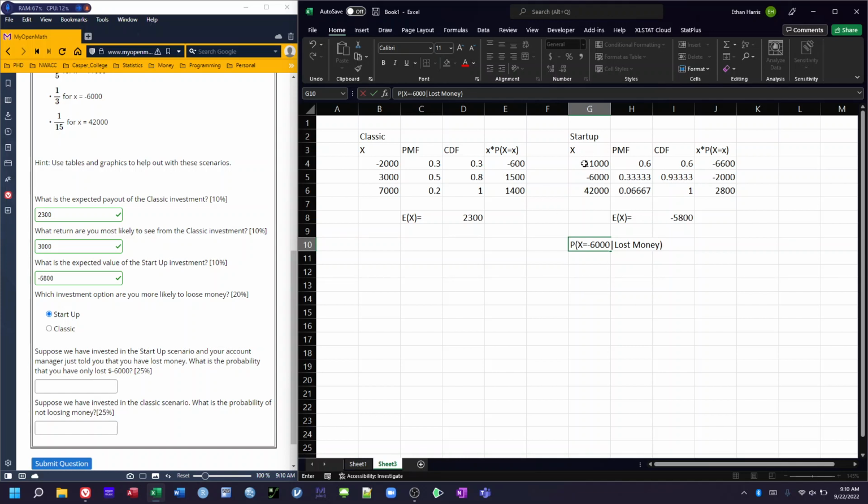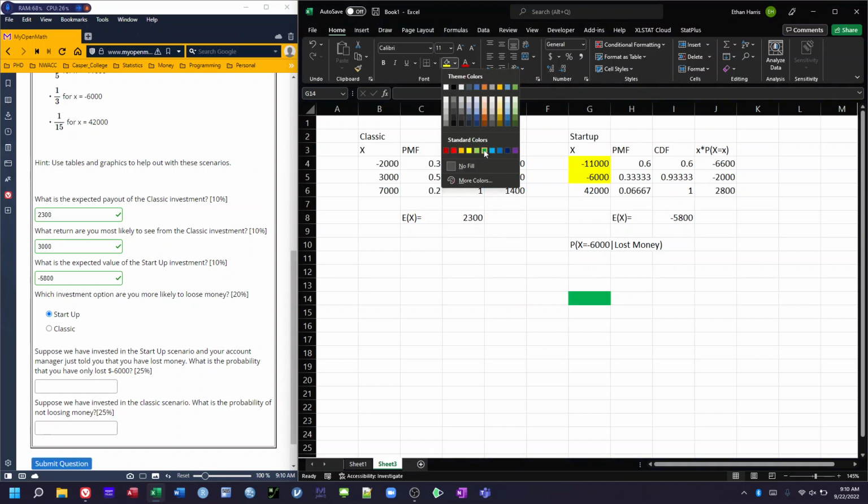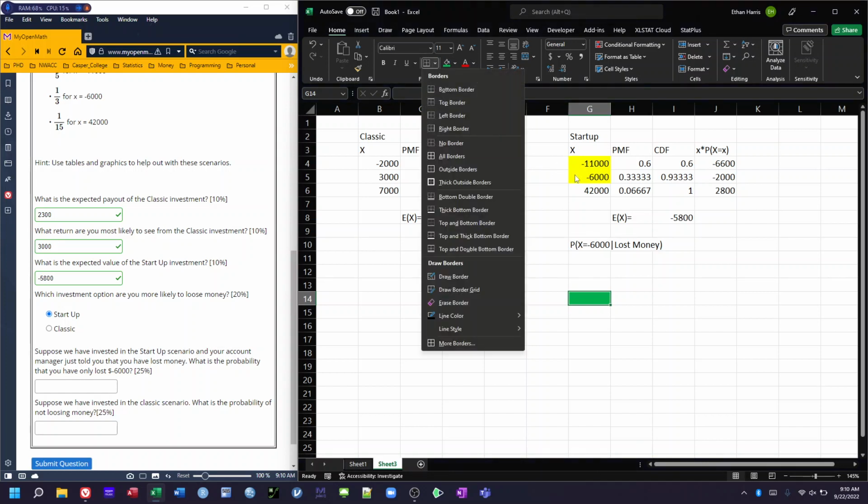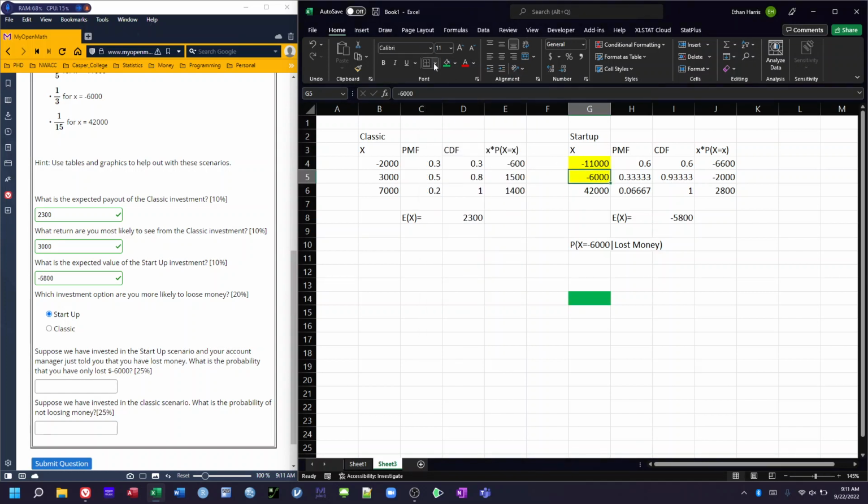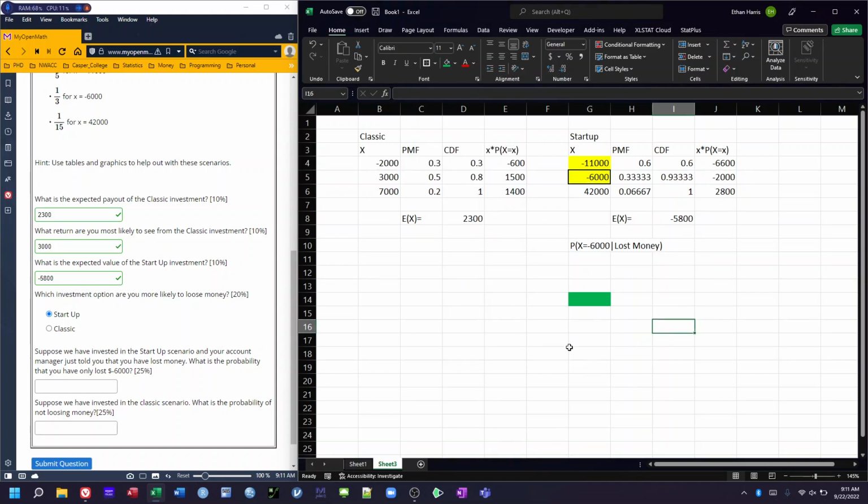If we look at this, these are the events where I have lost money, so this is my new sample space. Let's put a thick border around this one, and I want to know the probability that I am at 6,000.